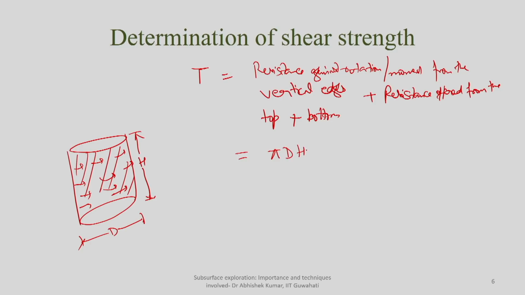That will be the area multiplied by SU, the shear strength of the material, and then this will be the force, then multiplied by the lever arm, because it will be applying some kind of rotation along this. So, this will be d by 2. So, this is about the vertical face.